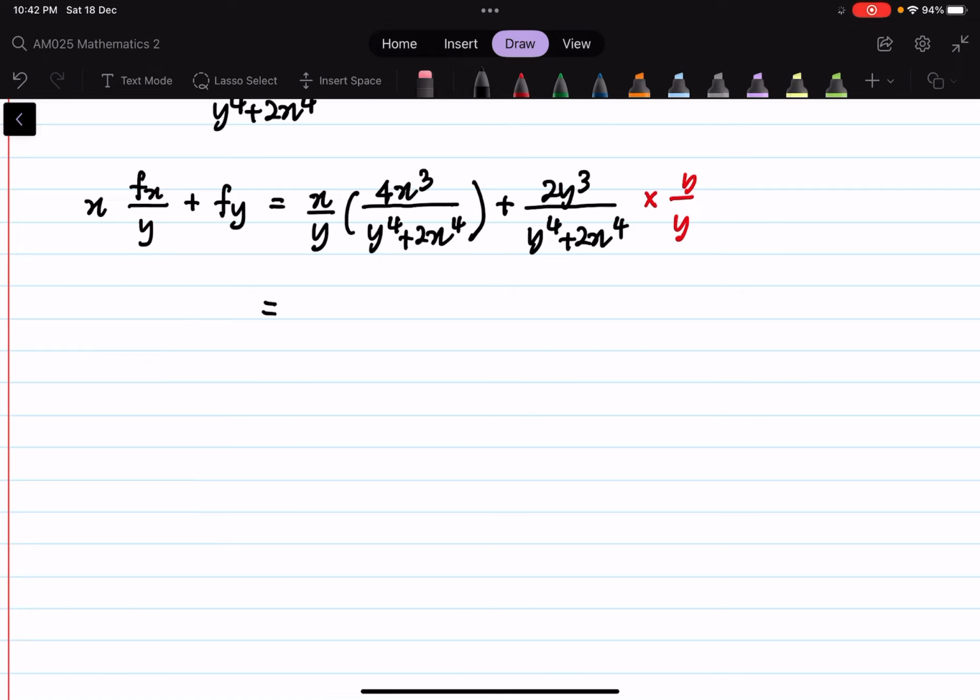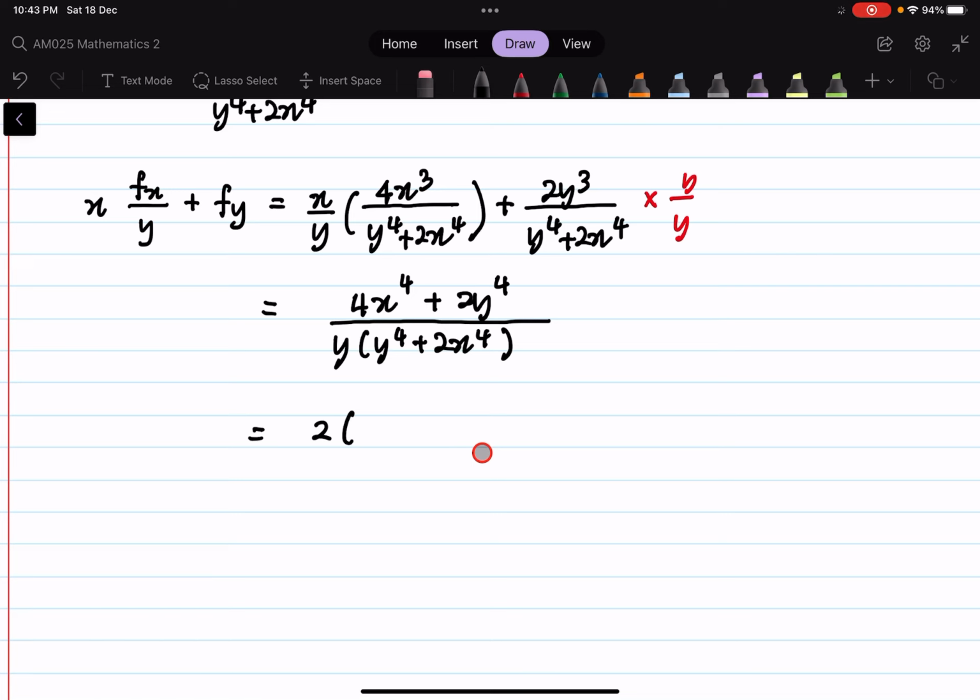So we can write this as, let us expand x with 4x to the power of 3. We're going to get 4x to the power of 4 divided by, now we have the same denominator, y to the power of 4 plus 2x to the power of 4, plus 2y to the power of 3 times y, which is 2y to the power of 4. So let us factorize 2 out. I'm going to exchange the place.